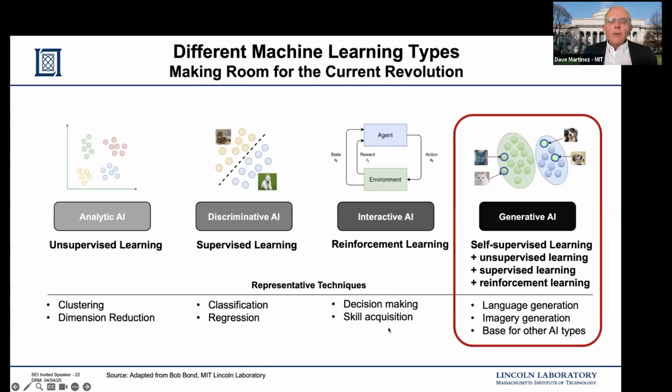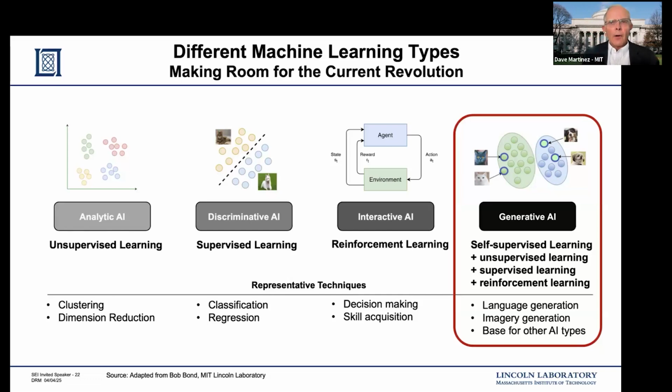So for setting the stage, I also want to emphasize that generative AI is not new per se. The advent of the 2017 paper by Google was phenomenal. Attention Is All You Need. But what's underneath the hood leverages unsupervised learning, supervised learning, and reinforcement learning.